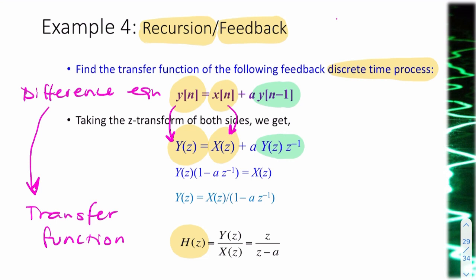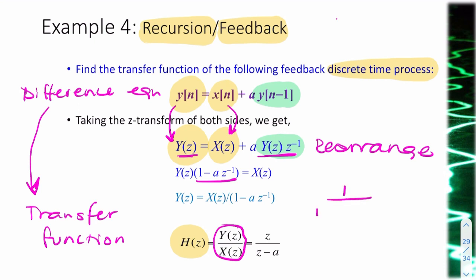Now, if you rearrange this, if we bring the y's together, you can divide by that, and it'll give you the ratio of the output to the input. So that actually gives you 1 over 1 minus a z to the minus 1.